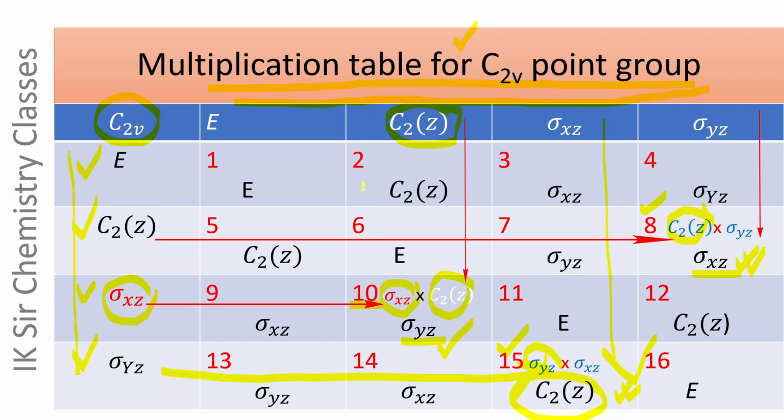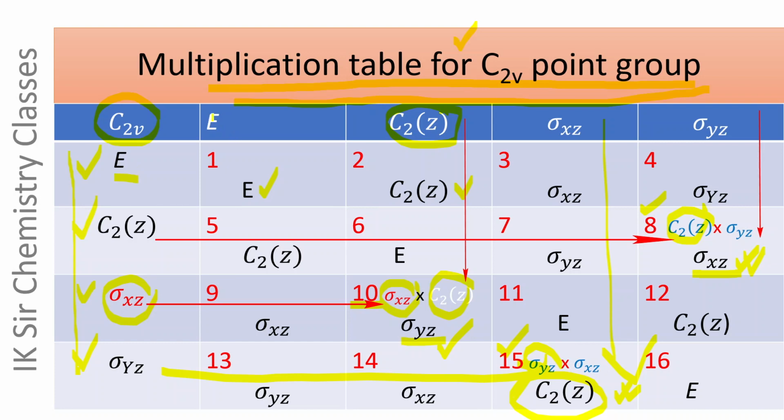The entries at positions 1, 2 and 3, 4 can be obtained as follows. E multiplied by E is equal to E. E multiplied by C2Z is equal to C2Z. It must be remembered that the identity element of symmetry commutes with any other element of the mathematical group and leaves them unchanged.